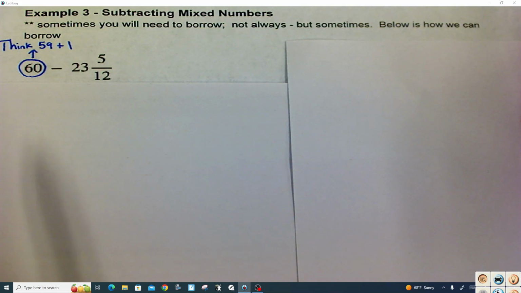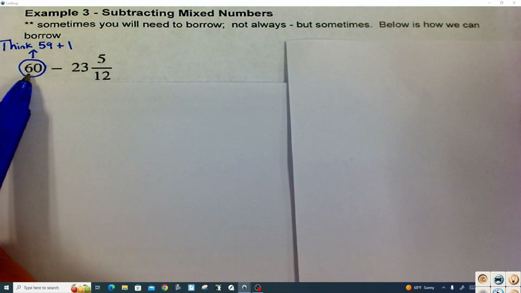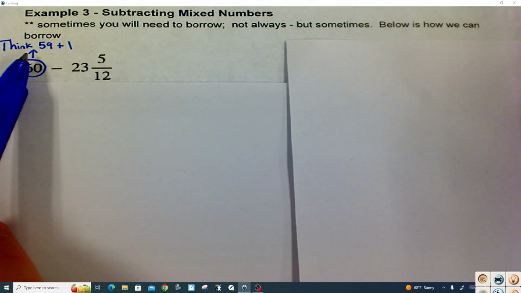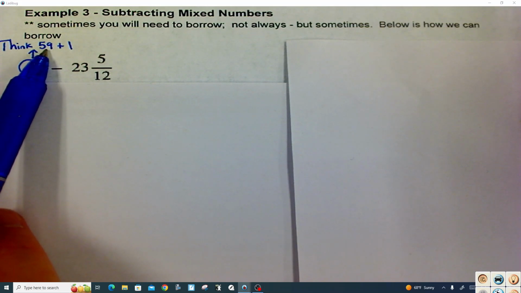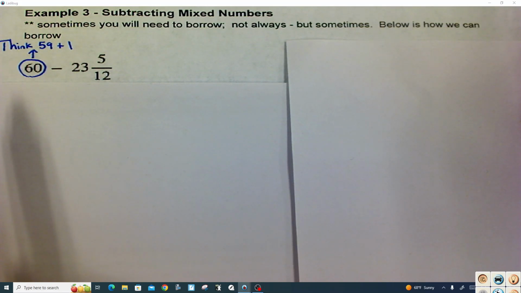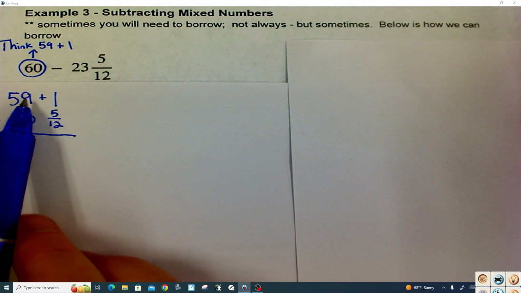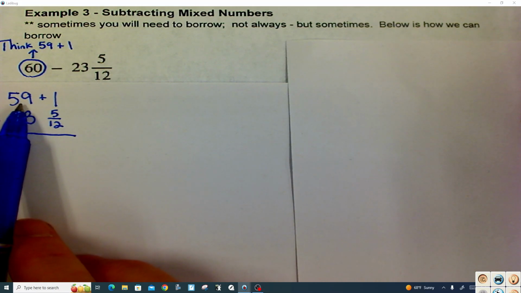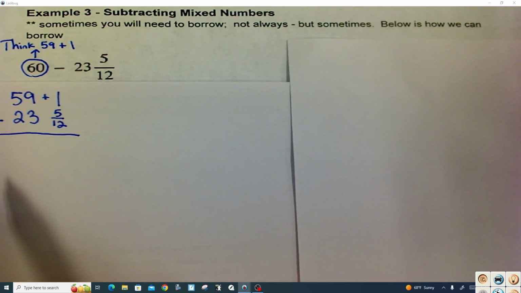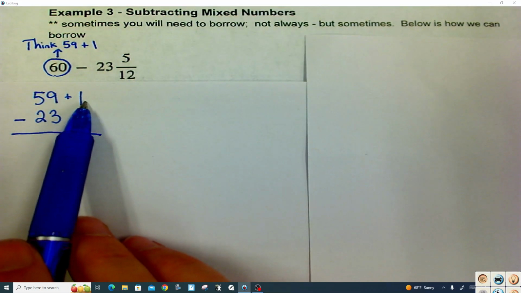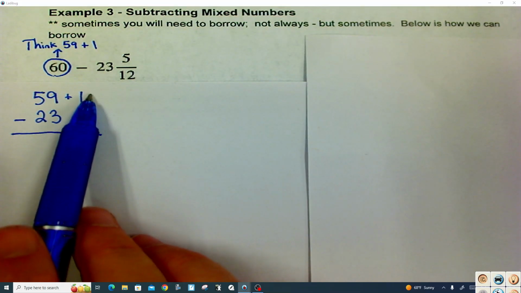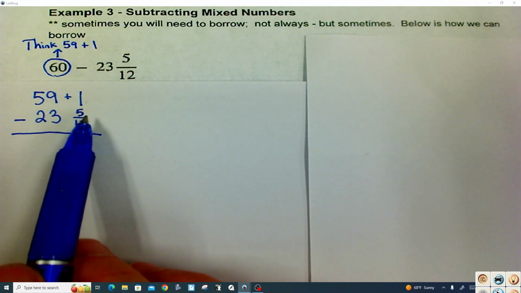In order to borrow, I need you to think of that whole number as basically one less than what it is. So 60 would become 59, and we're borrowing the 1 from it. But we have no fraction, so we need to turn this 1 that we borrowed from the 60 into a fraction.